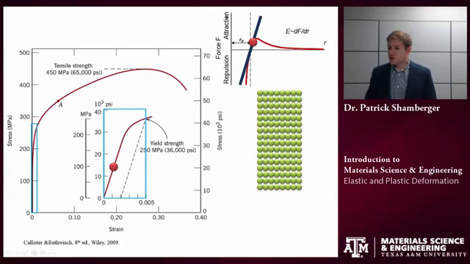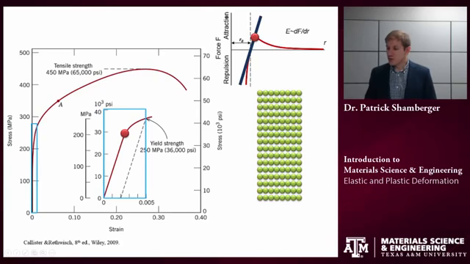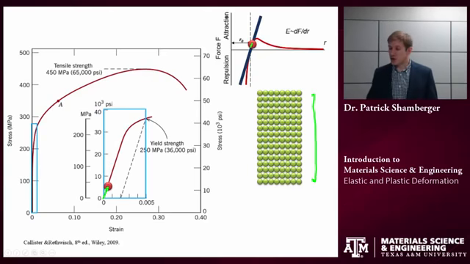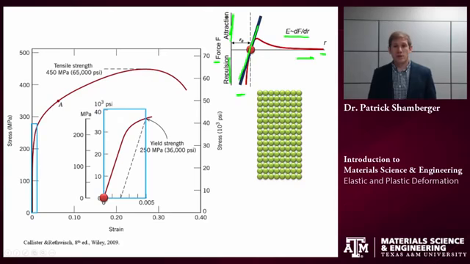So if we load it a little bit more, a little bit more, a little bit more, I'm going to continue to stretch those atoms. So as long as I don't go past the yield point, all I've done is I've stretched those atomic bonds. So when I start unloading the material, those bonds are going to want to relax back to their equilibrium position.